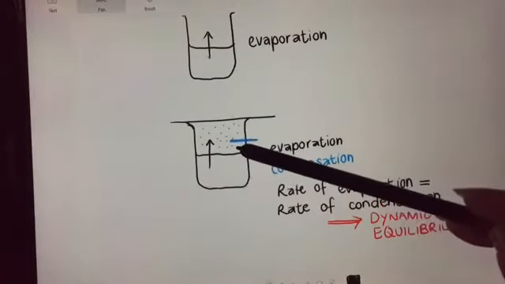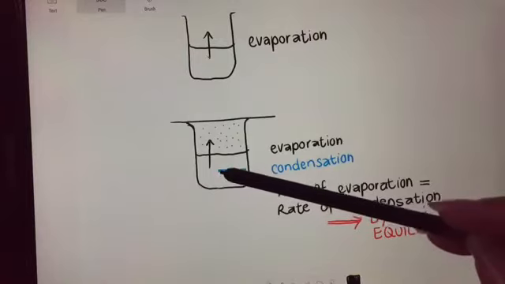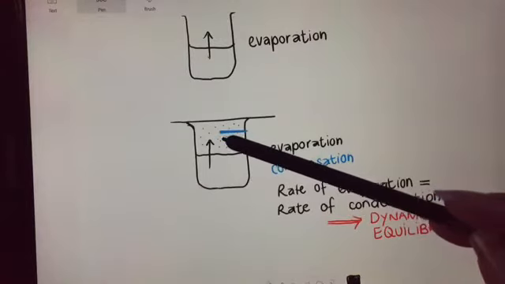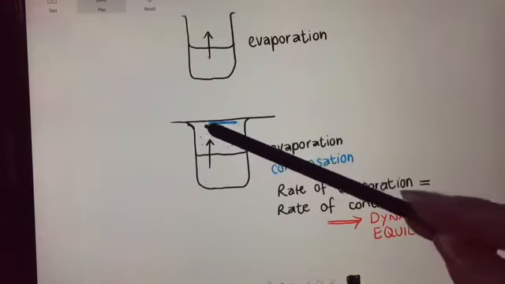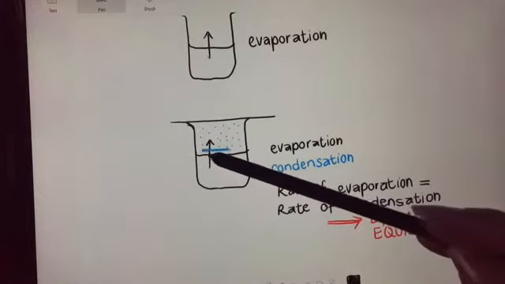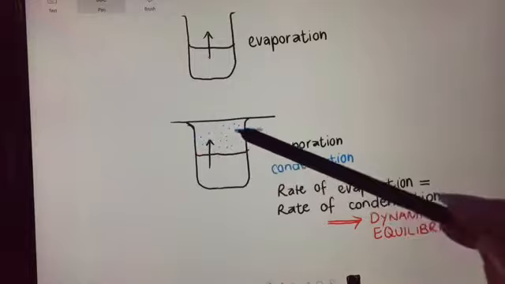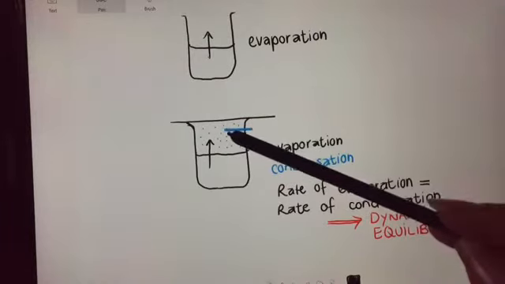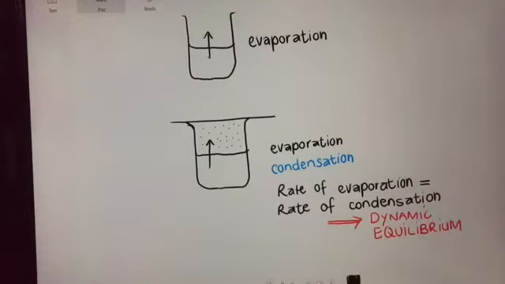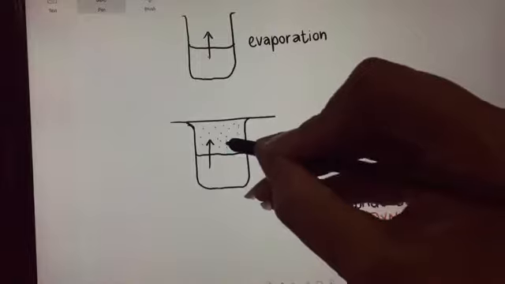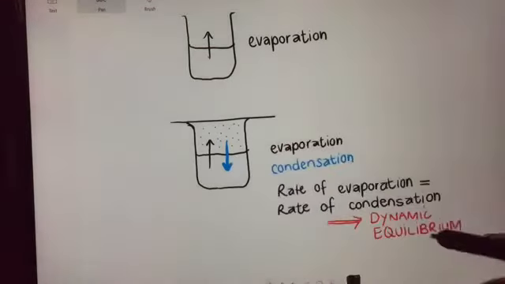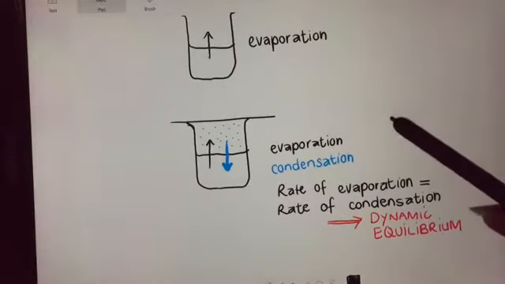Evaporation: particles will go from a liquid to a gas, and as the number of gas particles in this space increases, they will start colliding with each other and the sides of the container, and eventually some of these particles will go from a gas back to a liquid, which means condensation is also taking place over here.